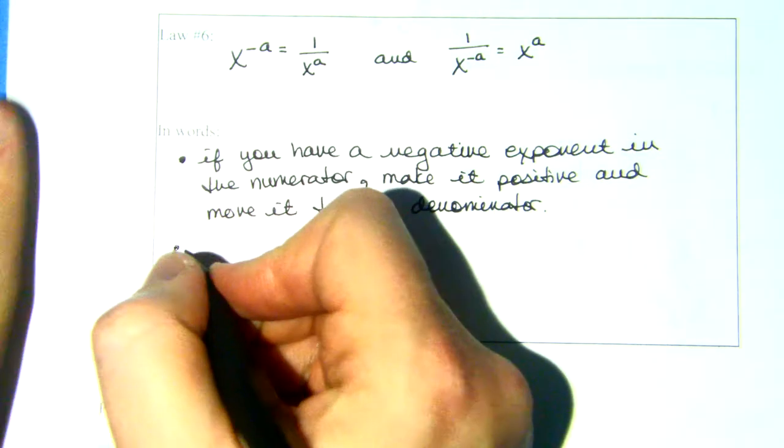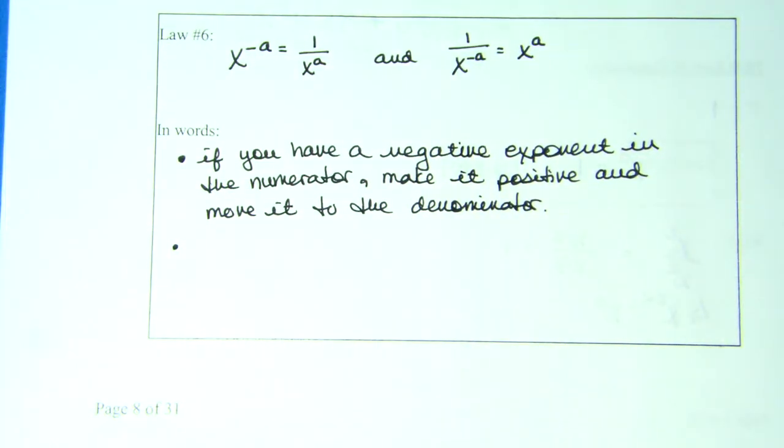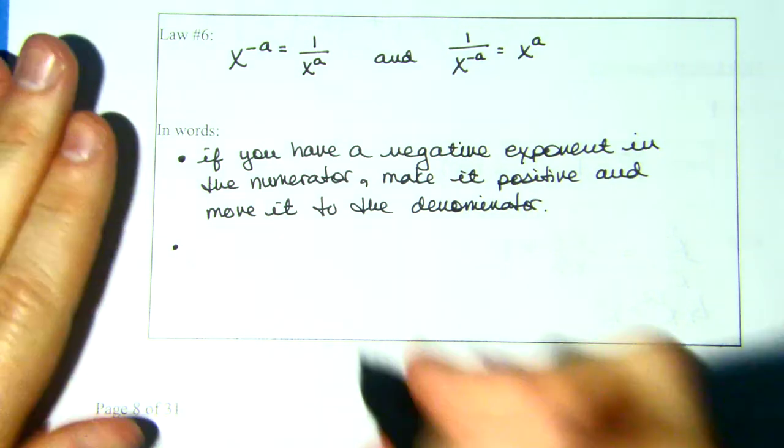Similarly, and then I'll make the video pause after I write this, if you have a negative exponent in the denominator, make it positive and move it to the numerator.